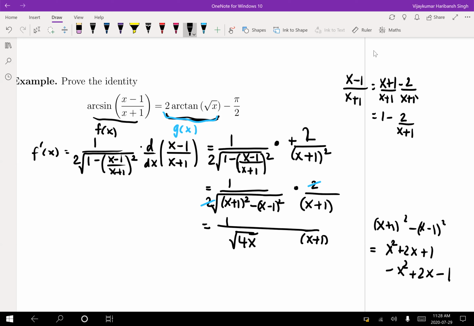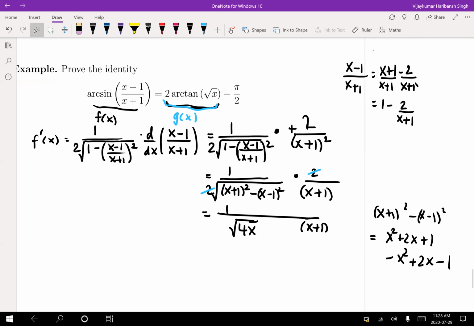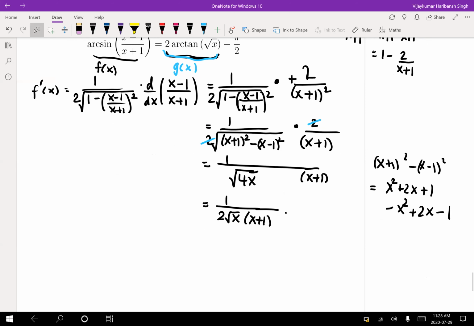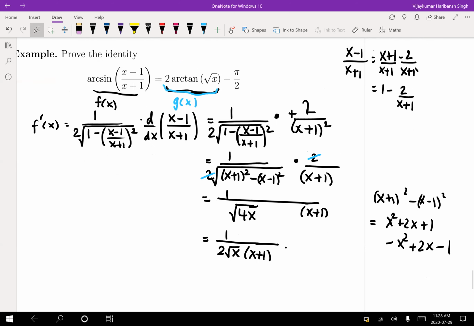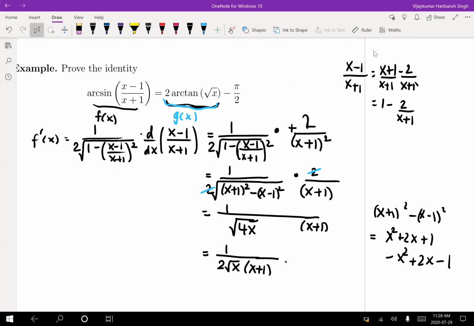So which is going to be equal to 1 by 2 square root of x times x plus 1. Sorry, there is no 2 here, right? Because we are taking the derivative of arc sine.